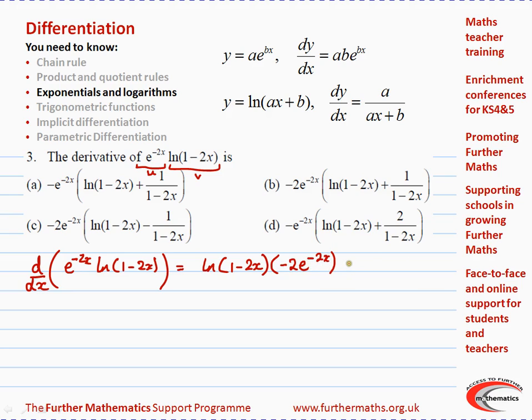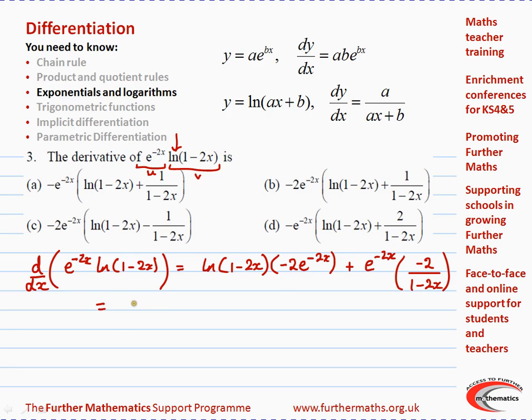I'm going to add to that the product of u, which is e to the minus 2x, and dv dx here is going to be negative 2 over 1 minus 2x. That's the logarithm differentiating to 1 over 1 minus 2x, and the derivative of the bracket there is negative 2.